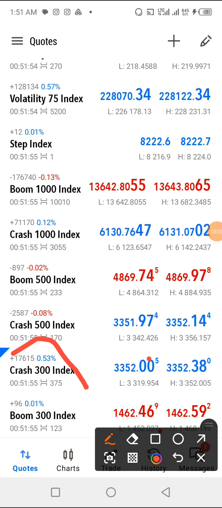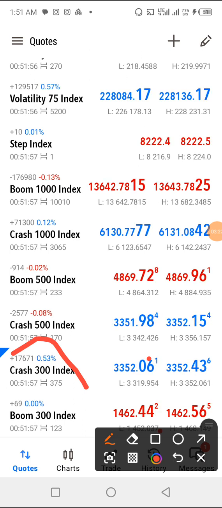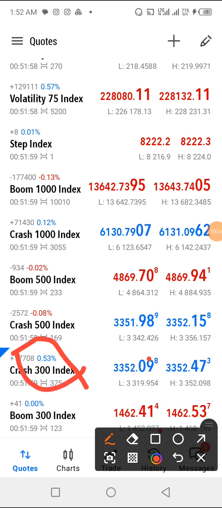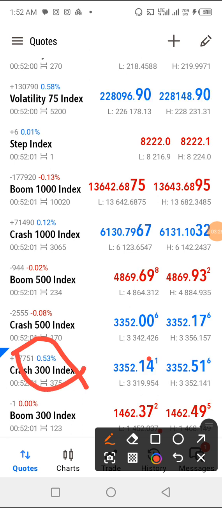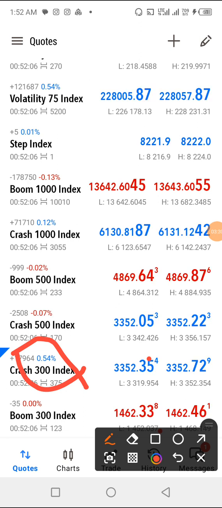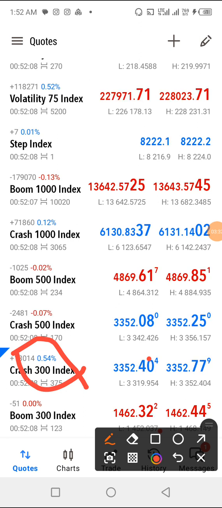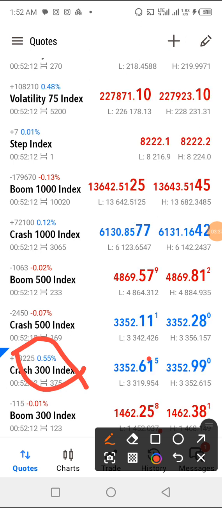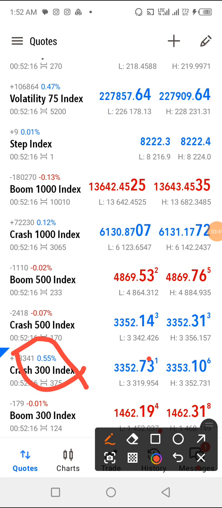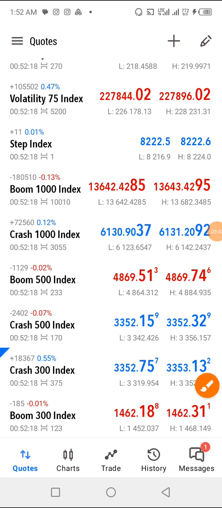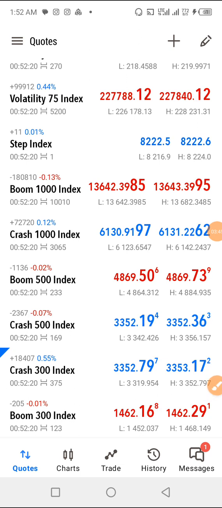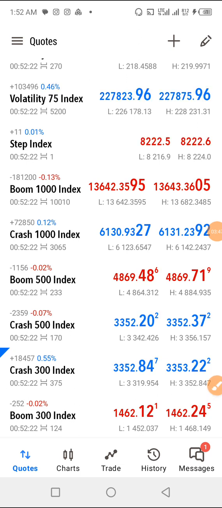So that is why we checked the quote. So we can see that as at the point of doing this, Crash 300 has power to take up move. There's more pressure for up move, about 0.54%. So we executed our trade. The percentage doesn't really matter. The setup matters more.